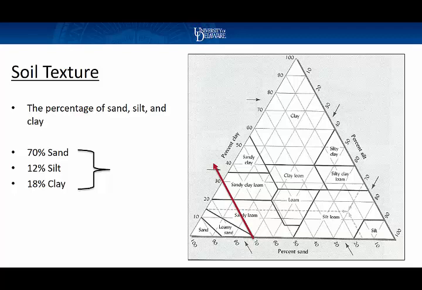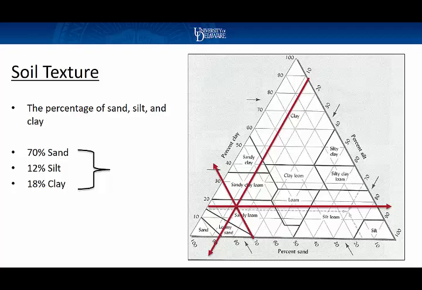If someone says you have 70% sand, you draw that line, you look at where that arrow goes, you draw the line across for silt, draw it down for clay across, and it's going to tell you that in that case, we're calling it a sandy loam. So we have a sandy loam soil. If you want to know what possible ranges of soil particle sizes you have in your textures, you can look at the textural triangle.